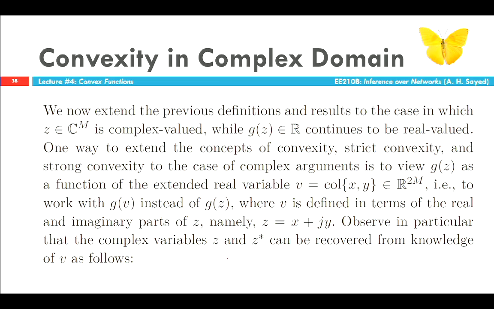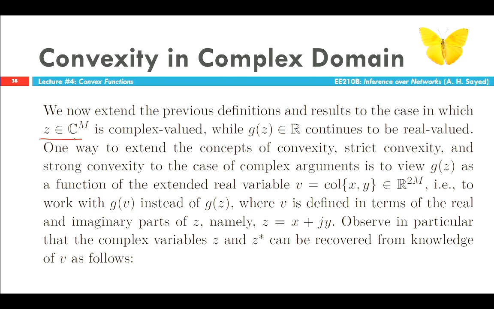So now I let Z be complex, but the function itself is real valued. For example, G of Z is the norm of Z squared. Our costs will be real valued, but the argument can be complex.